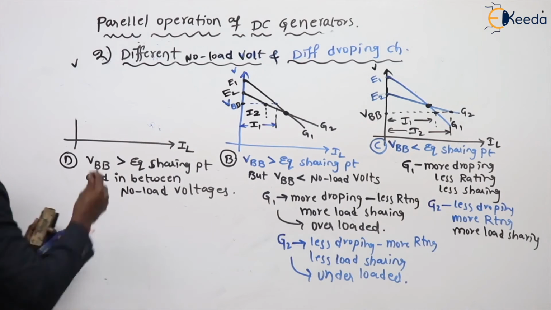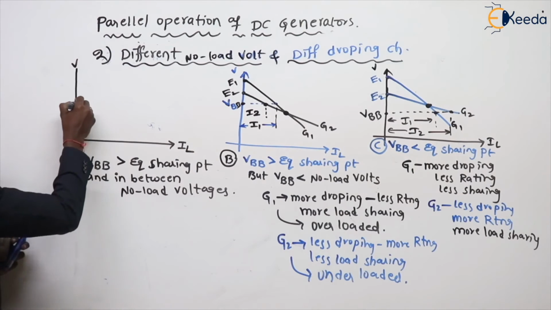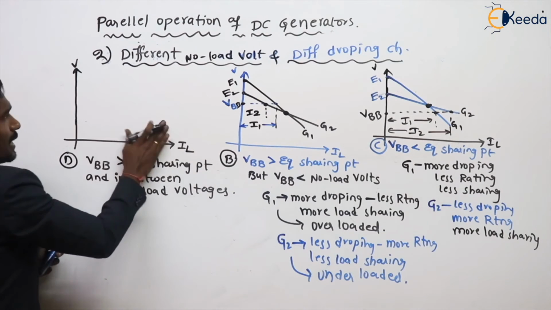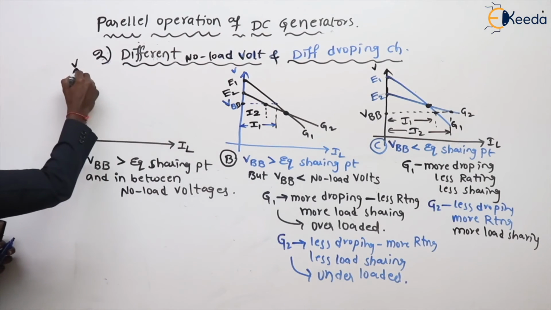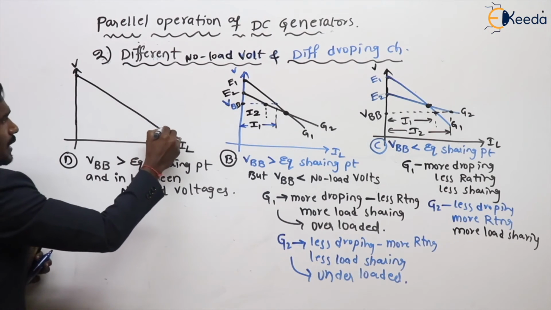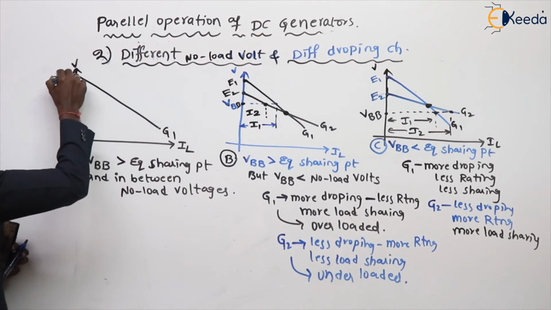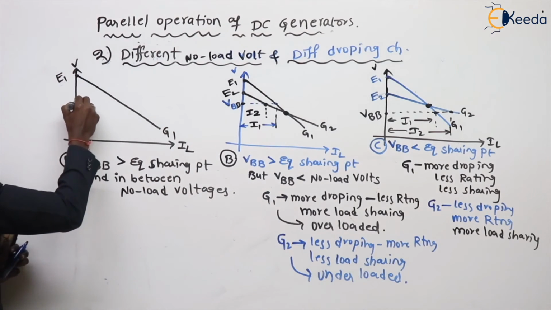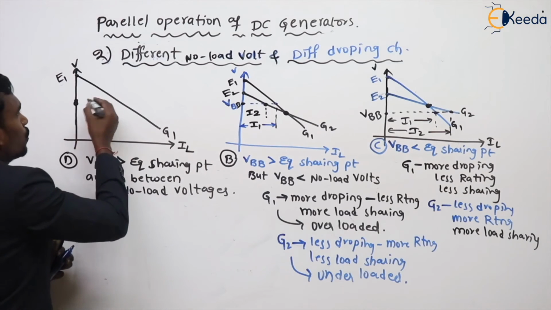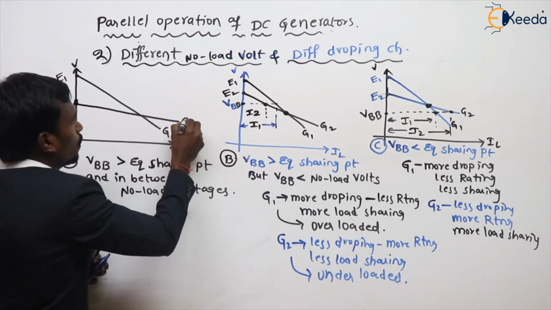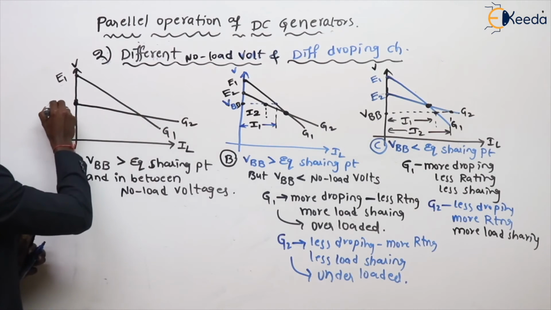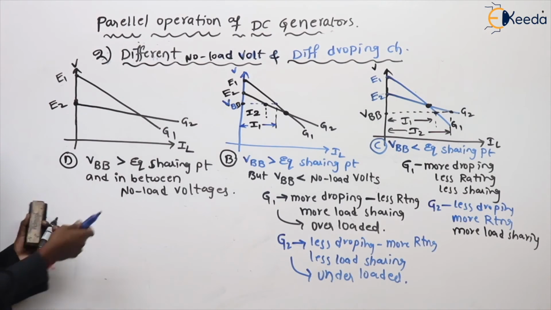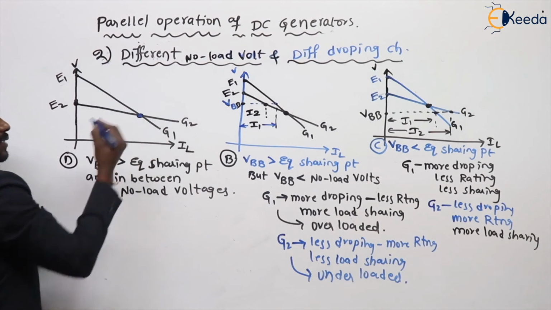See here, for example, this y-axis is V, x-axis is IL. For example, this is my generator 1, which is E1, and this is my generator 2, which is E2. Actually, the equi-sharing point is here.